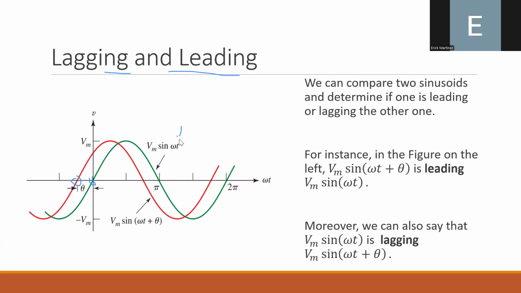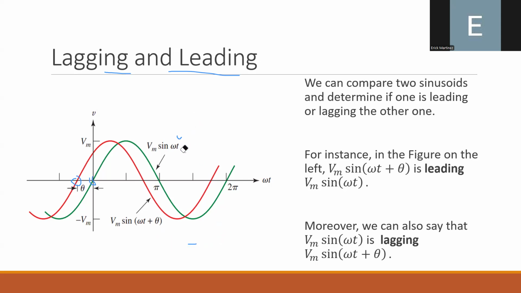Here in this sinusoidal we don't have a phase angle, so we can say that its phase is equal to 0 degrees, but here we have a phase angle theta. The difference in the phase angle, that is theta minus 0, is the distance between the two sinusoidals, or the phase difference between them.